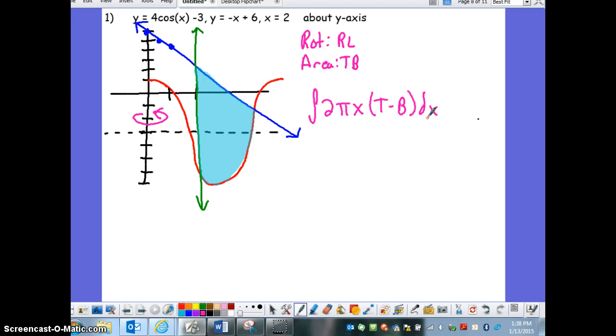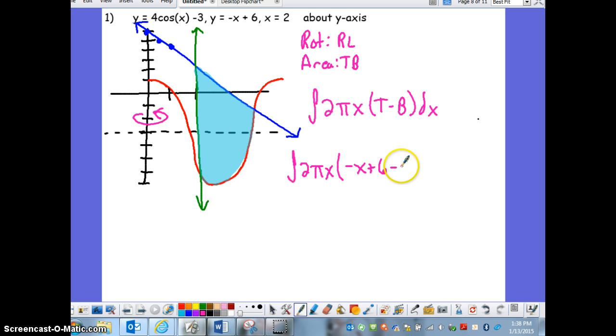Now it's a matter of plugging in the bounds and plugging in the top minus bottom. So if I first just rewrite this, I have an integral 2 pi x, top minus bottom. When I look at this, the top is the blue line. That's never going to change for my shaded regions. So that's negative x plus 6, minus the red, which is my cosine.